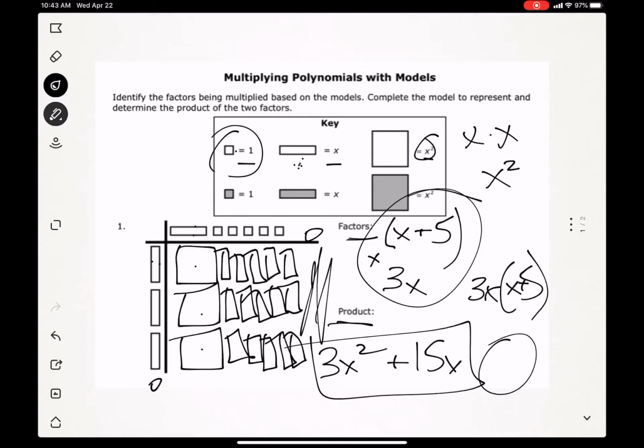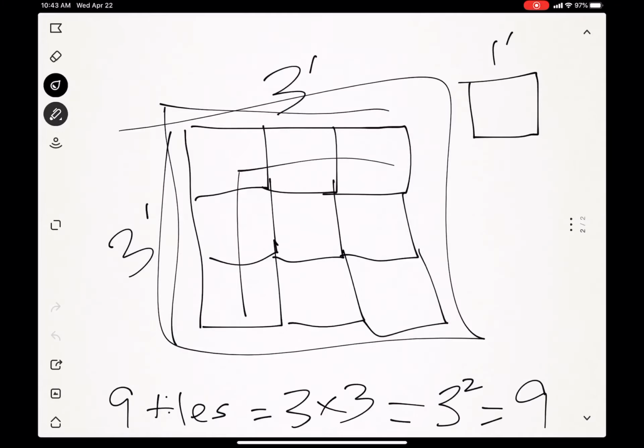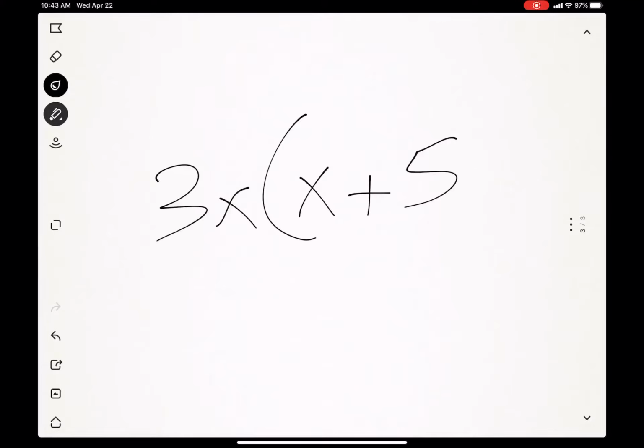Going back, let's take my initial problem, 3x times x plus 5, and set that up. This is just going to show exactly what we did with the model.